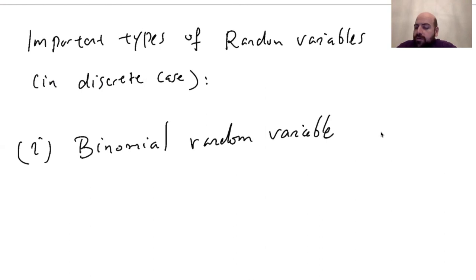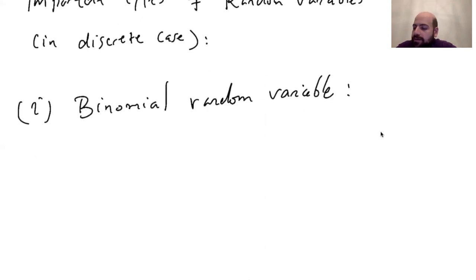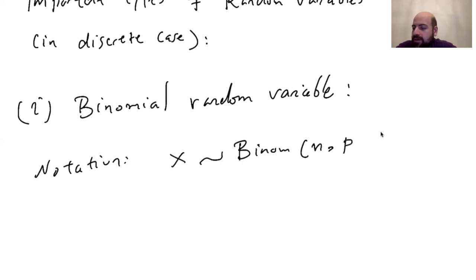Okay, what is a binomial random variable? First of all, the notation is X binomial, let's say N and P. So it has two parameters.